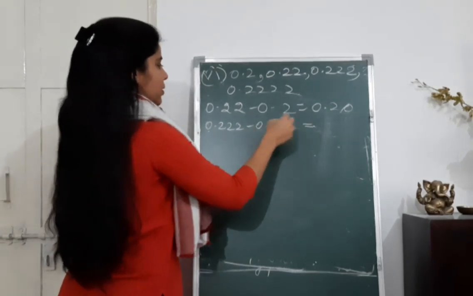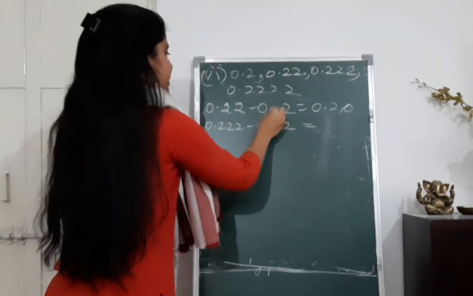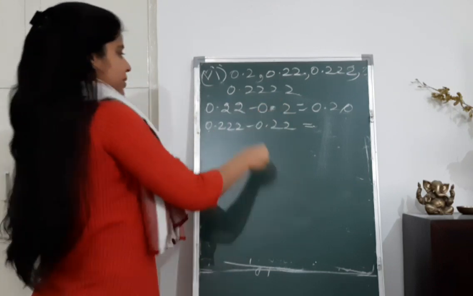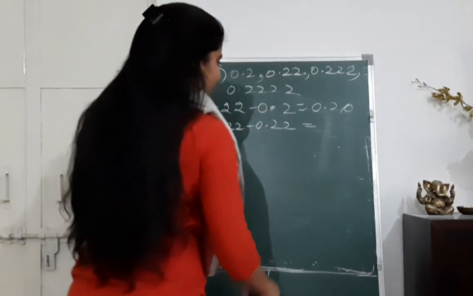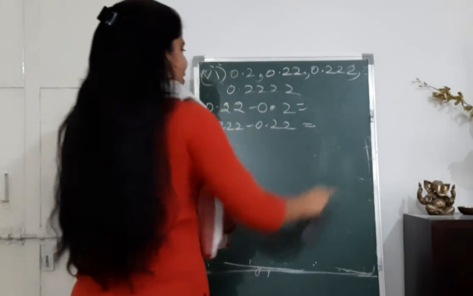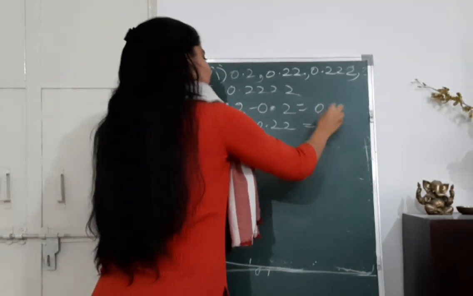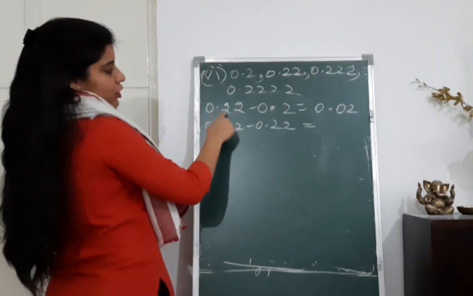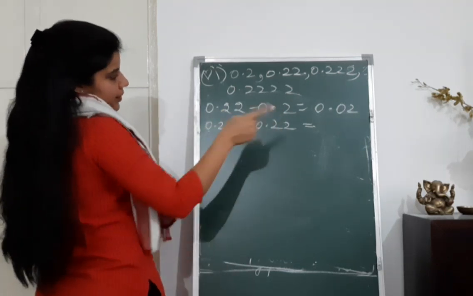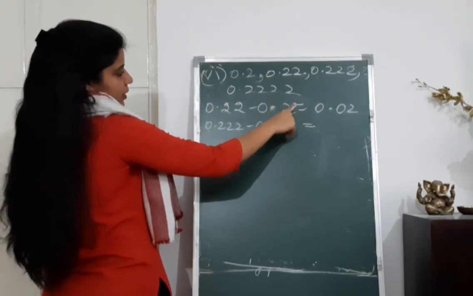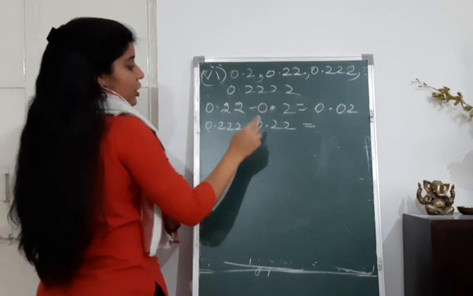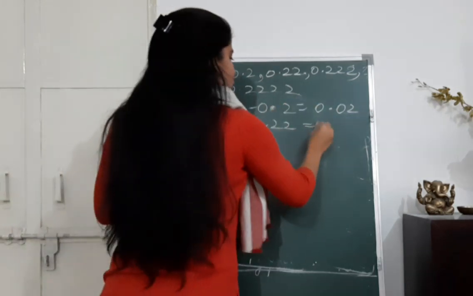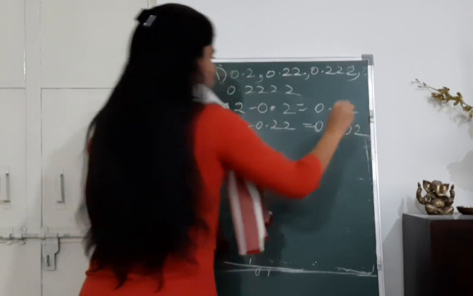It will be, sorry, did I do some mistake here? Yes. 0.22 minus 0.2 is not this. It is 0.02. Okay? 0.22 minus 0.2 is, yeah, this will be again a 0 and this will be 0.02. What this will be equals to? 0.002.